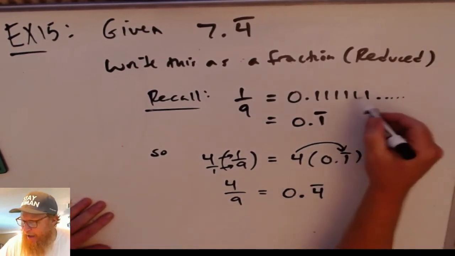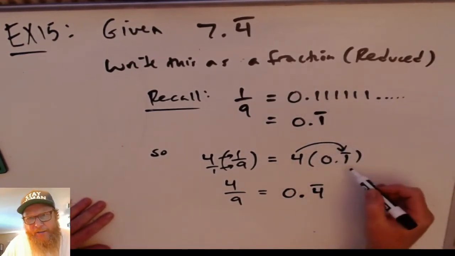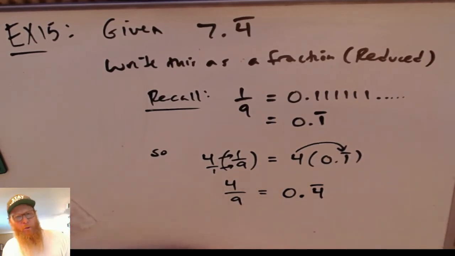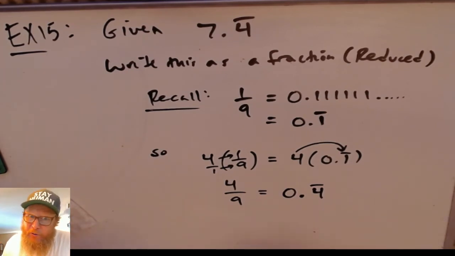So instead of having repeating 1s, you now have a bunch of repeating 4s. And you might just memorize: repeating 1s, that's 1/9. Repeating 2s, that's 2/9. Repeating 3s, that's 3/9.